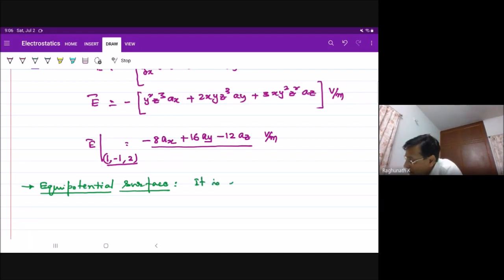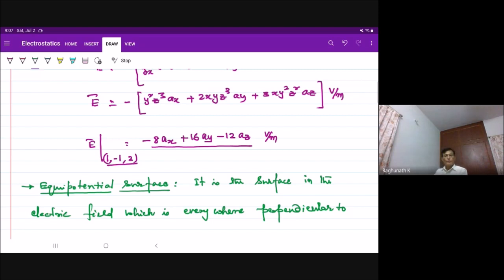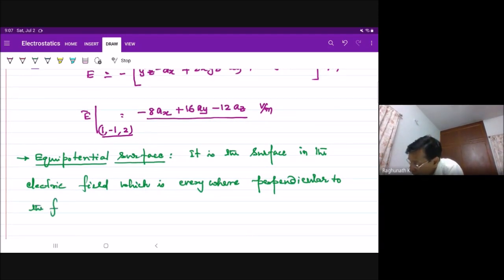It is the surface in the electric field which is everywhere perpendicular to the field lines.